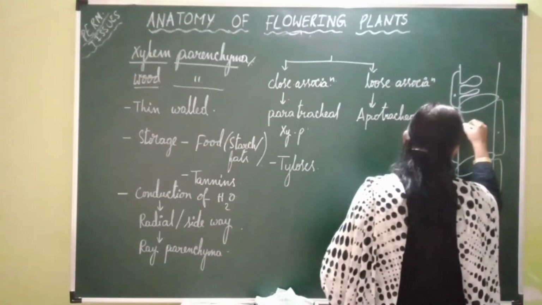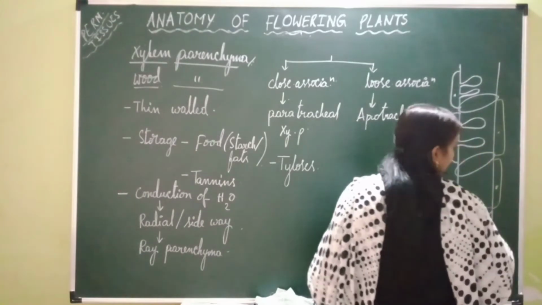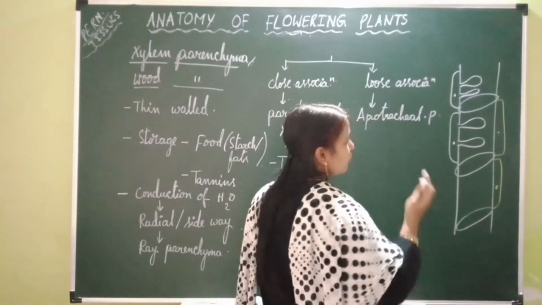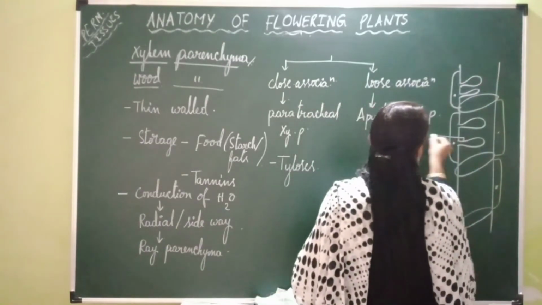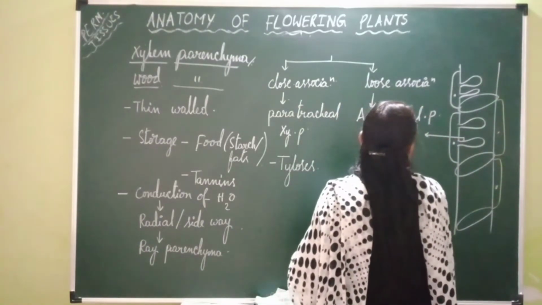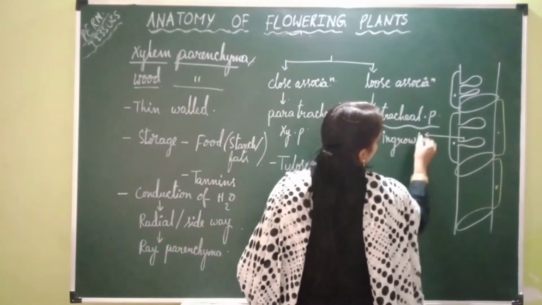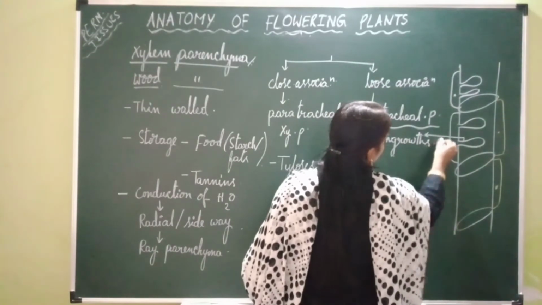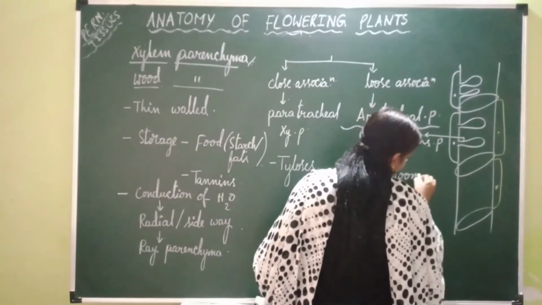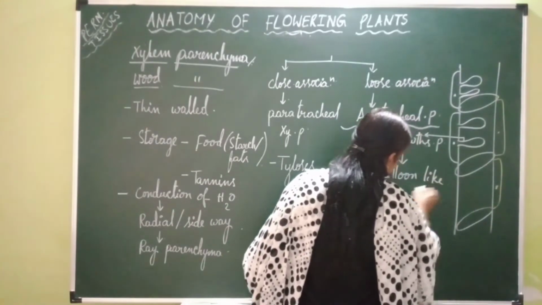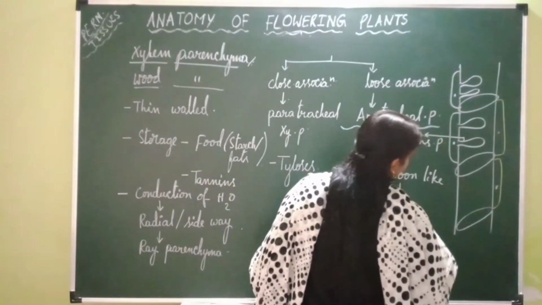So the older wood consists of balloon-like ingrowths of parenchyma cells into the vessel. These ingrowths of parenchyma which give a balloon-like appearance are called tyloses.